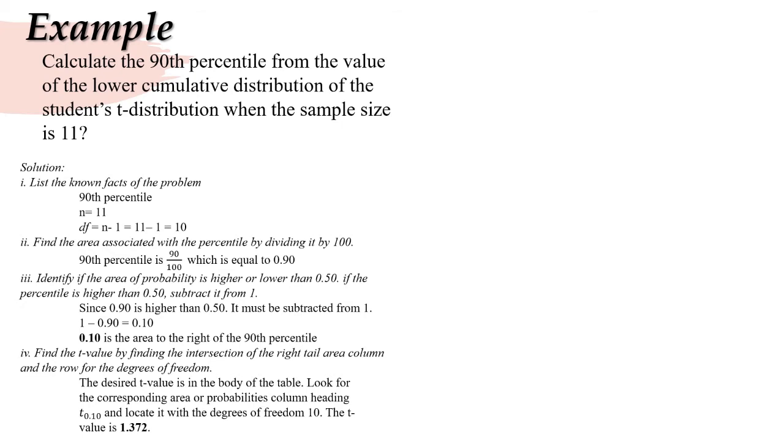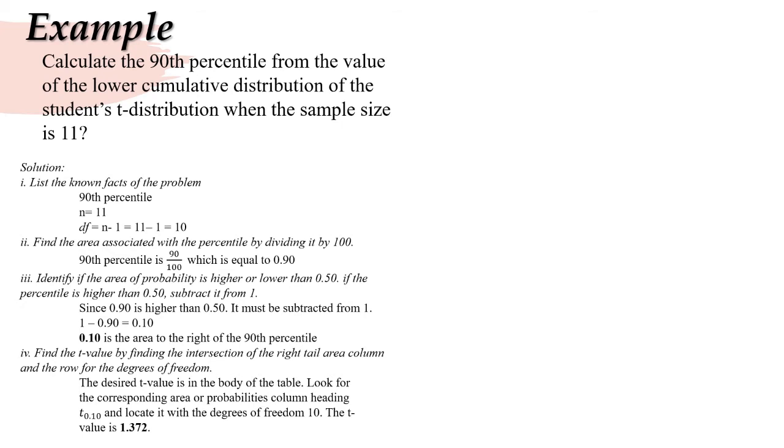Second step, find the area associated with the percentile by dividing it by 100. Since we have the 90th percentile, that is 90 divided by 100, which is equal to 0.90. Third step, identify if the area probability is higher or lower than 0.50.